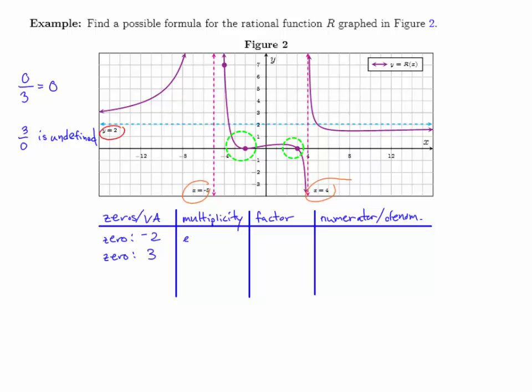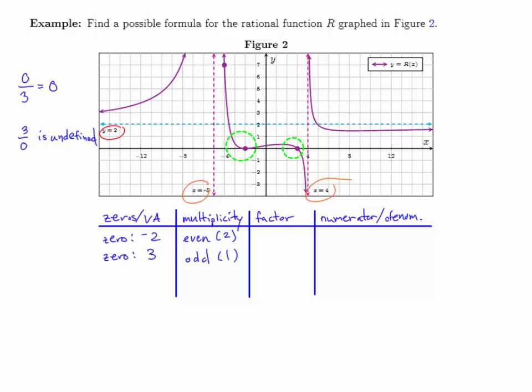So that's going to result in even multiplicity, and we'll assume 2. We might need to change that to a higher power in certain instances, but for here we'll just assume it's 2 until we look at it further. And then for the next 0, we can see that it crosses that x-axis, so that's going to be odd. And so we'll assume that's 1.